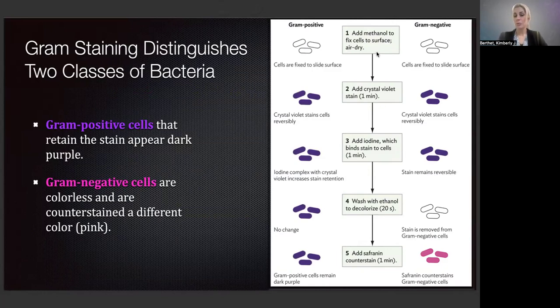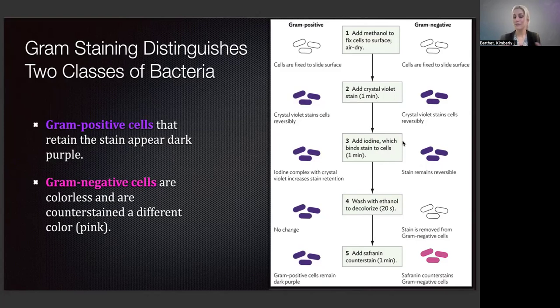After we add the sample, we air dry it, maybe heat fix it. Then we can go ahead and add our primary stain, our initial stain, and this is going to be crystal violet. Crystal violet has a purple pigmentation. It's left on for about 1 minute to saturate the sample. Then we add another reagent called iodine, or Gram's iodine, which acts as a mordant and really fixes that crystal violet to the cell.